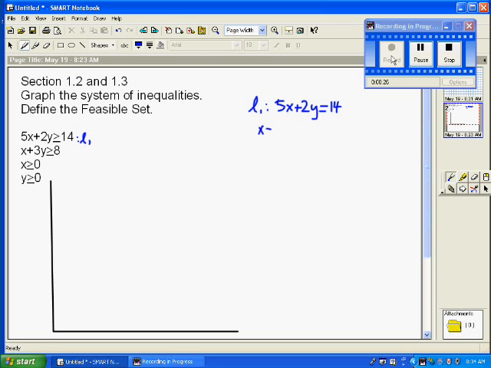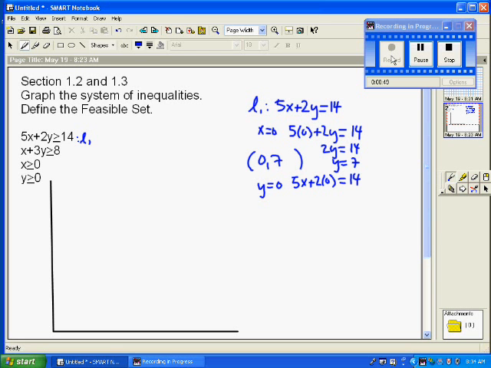So I'm going to make the x value equal to 0. So I'm going to have 5 times 0 plus 2y equals 14, which gives me 2y equals 14, and y equals 7. So I've got the ordered pair now, (0, 7). I'll go ahead and make y equal to 0 and get 5x plus 2 times 0 equals 14.